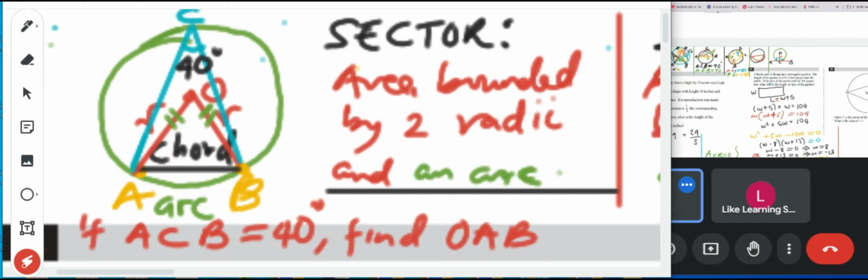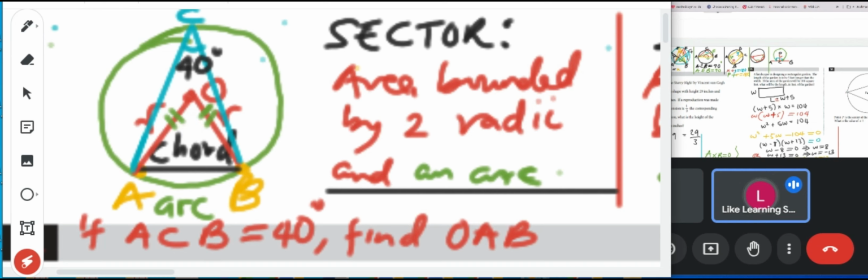So what's the value of the one at the center? Don't worry, it may not be so clear. The one at the center is equal to 80. Good. The one at O is 80.